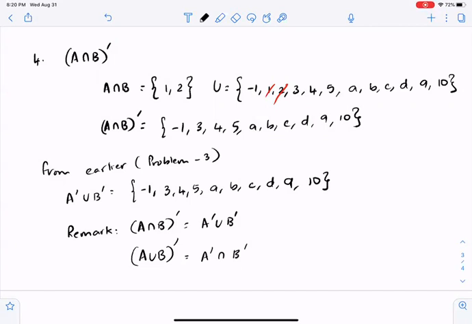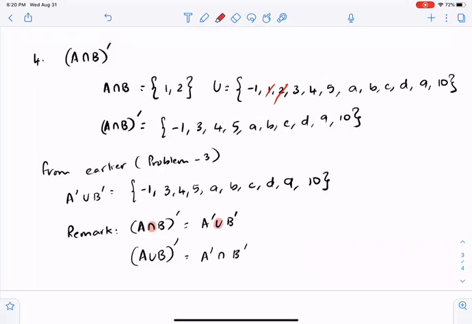Think about it this way. Think about distributing the complements and think about complement as flipping. Well, if you flip intersection, which is upside down U, you will get U. That gets flipped.